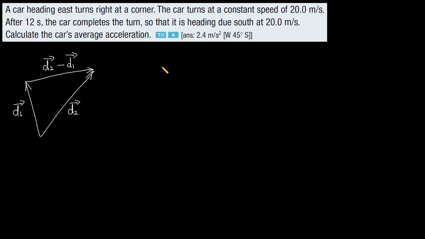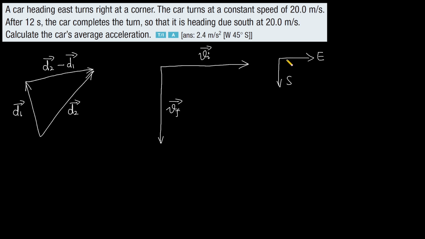I draw the graph. This is the initial velocity, and this is the final velocity, because this direction is east, and this direction is south.